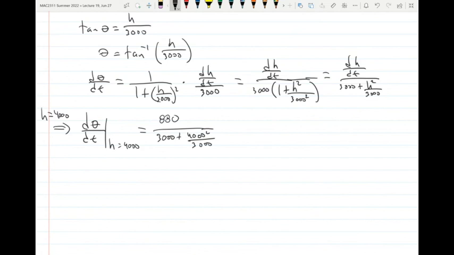So let's see, 4,000 squared divided by 3,000. Okay, I don't like those. I'm gonna multiply top and bottom by 3,000. It's just that I want to find the exact answer.